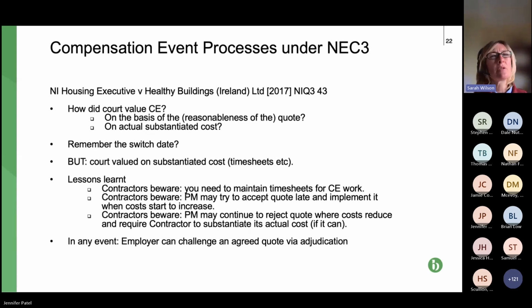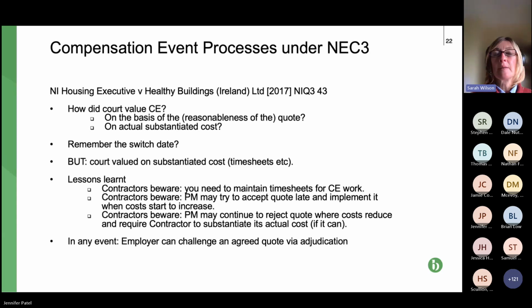which is often time consuming, but they've also got to do that JCT bit of keeping records of the costs of things. So cost of materials for that particular CE. So if you're building a building, you're going to have bricks in the ordinary course of the building, but if a CE requires extra bricks, well, we need an invoice to prove the cost of those extra bricks, how many were required and what did they cost.